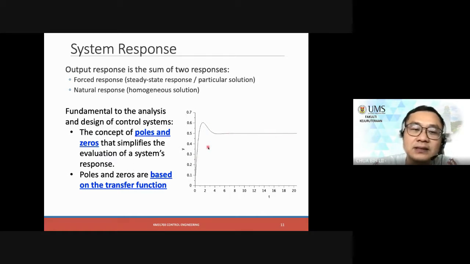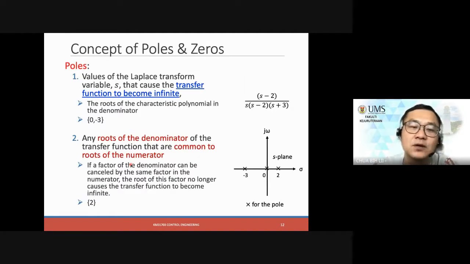But this concept of poles and zeros actually existed a long time back, to help designers give them an idea, even without plotting out, of what kind of response we can expect. This is the concept of the poles and zeros and why we would use it before we just simulate.